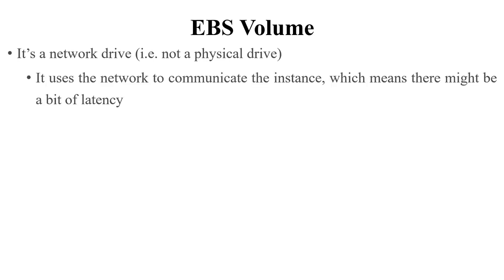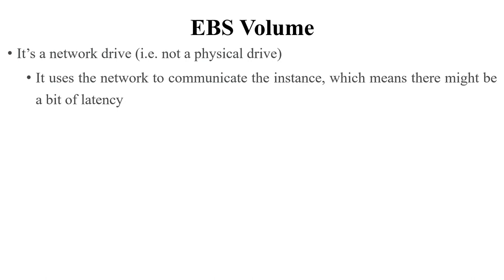It uses the network to communicate with the instance, which means there might be a bit of latency, definitely. If I copy files from disk to disk, it will be very fast. But if I copy from my hard disk to an external USB drive or external hard disk, the rate of transfer will change based on the network wiring and bandwidth.